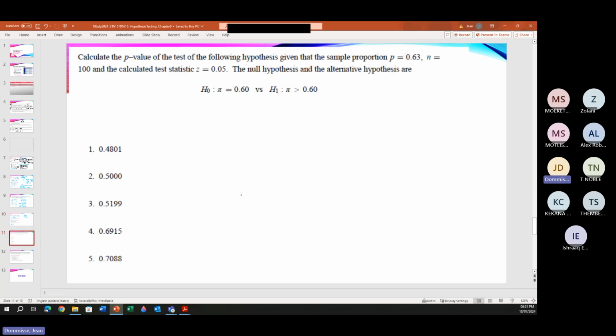Okay, so let's look at another question. So this one is a bit different. So here they ask us to calculate the p-value of a test of the following hypothesis, given that the sample proportion is 0.63. And what they tell us is we're going to test it where the alternative hypothesis is bigger than 0.6.